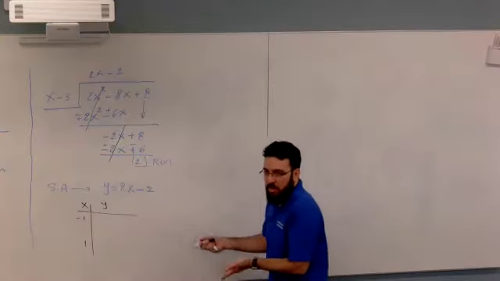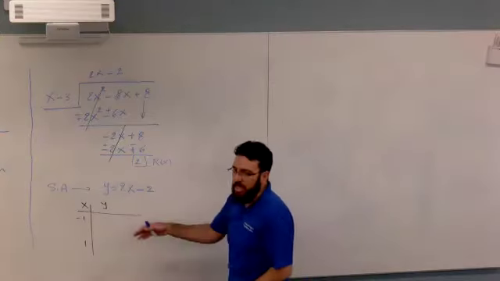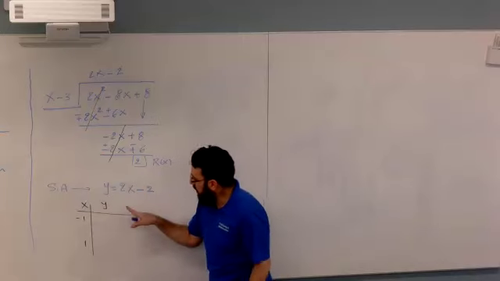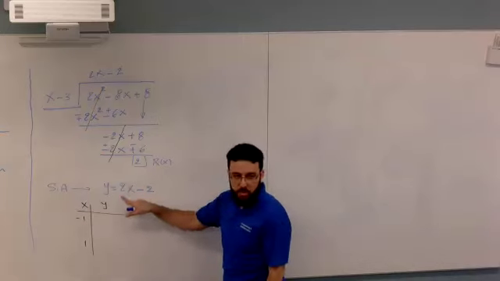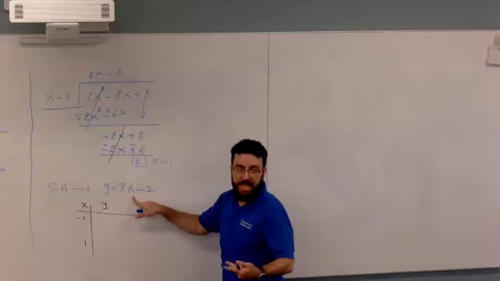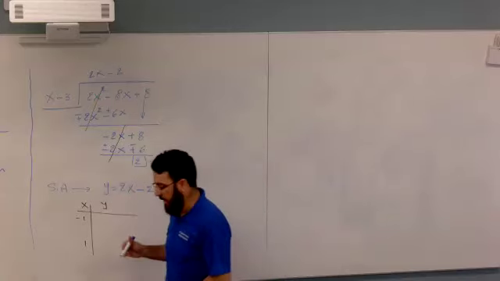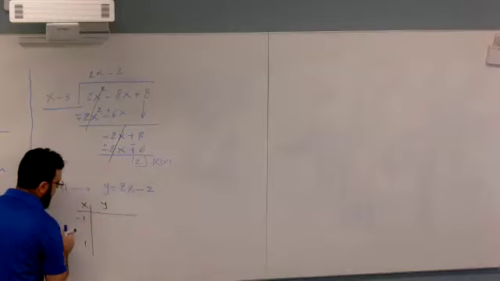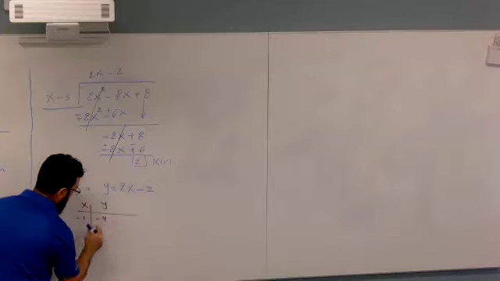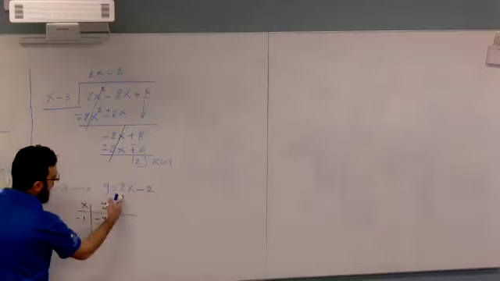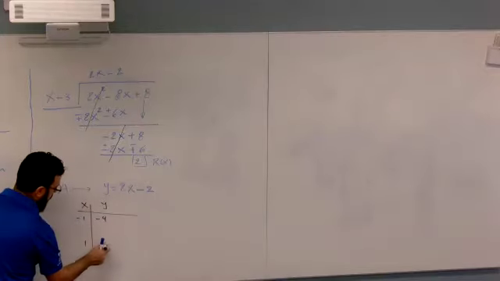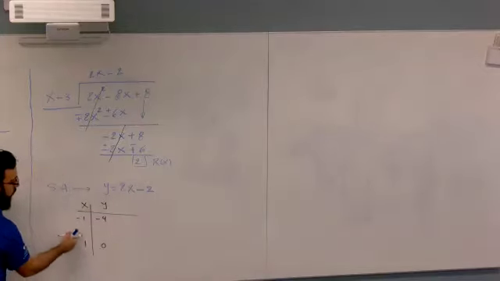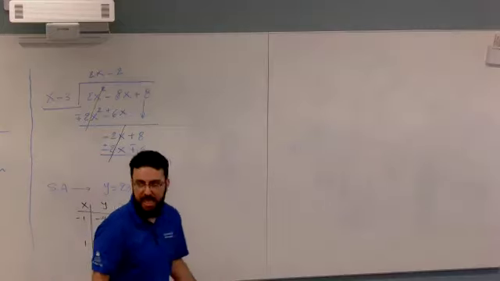So I'm going to prepare the points. Choose any 2 points. I choose negative 1. So plug in negative 1 here. 2 times negative 1 is negative 2, minus 2 is negative 4. Then 1: 2 times 1, minus 2 is 0. So by graphing these 2 points, I can graph the slant asymptote.